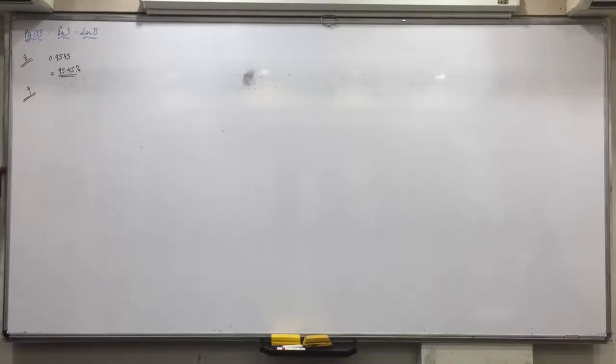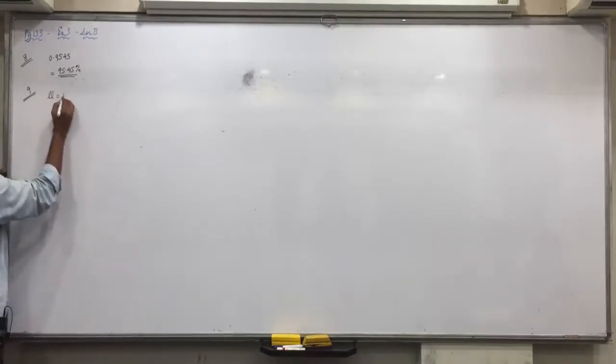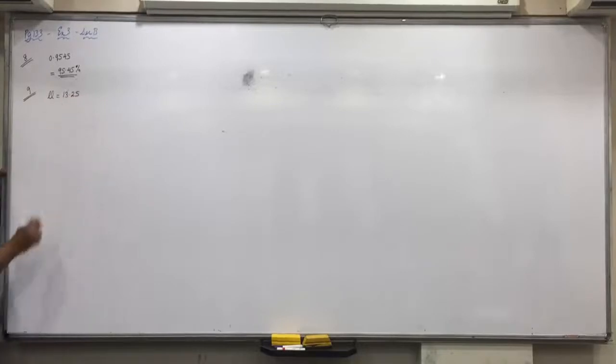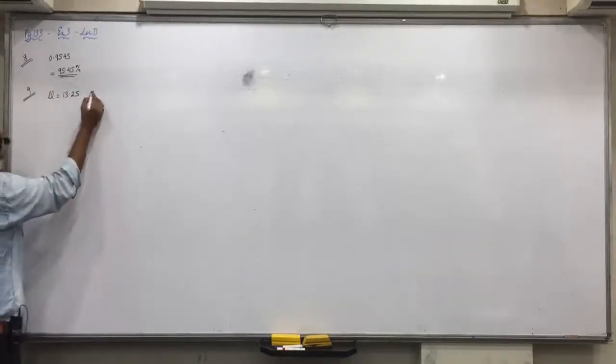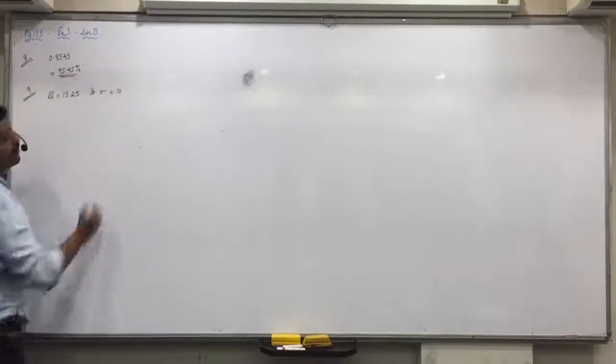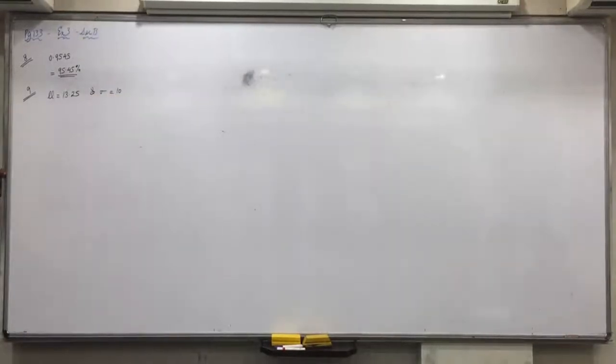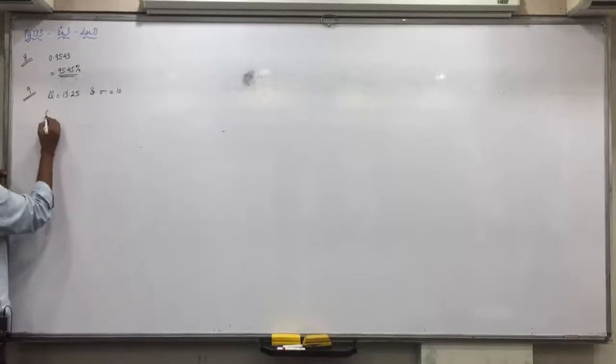Mean of a normal distribution is 13.25 and its standard deviation is 10. Estimate the value of third quartile.